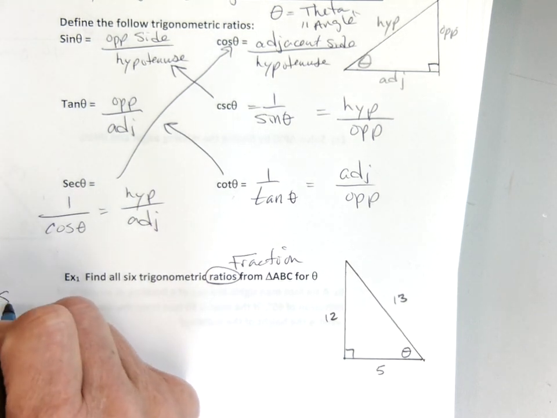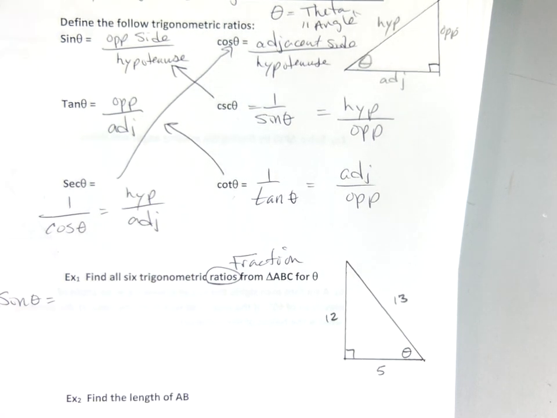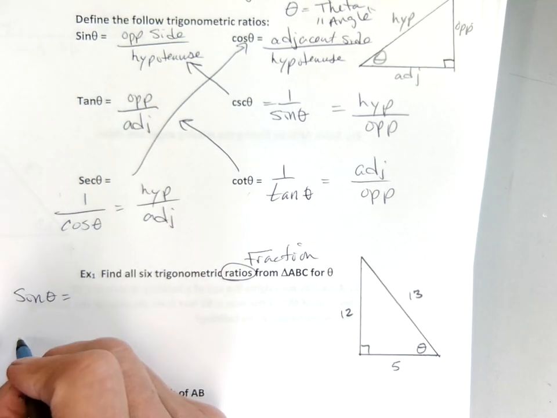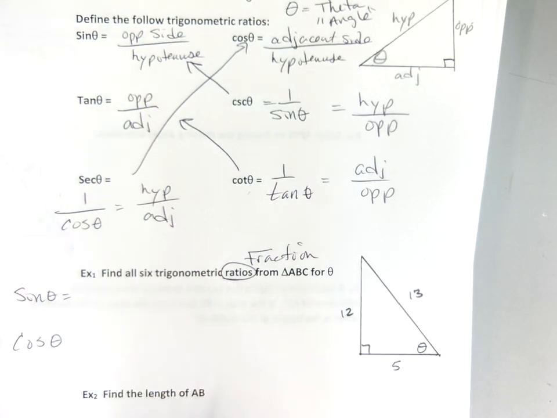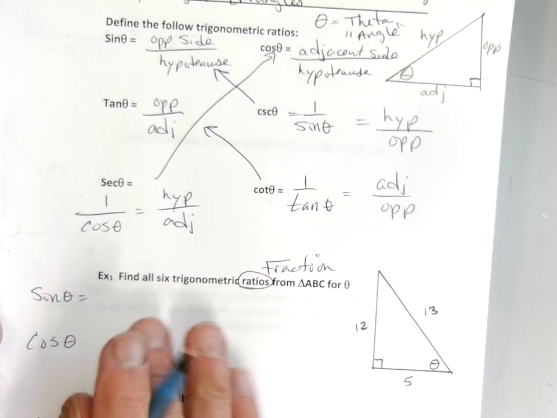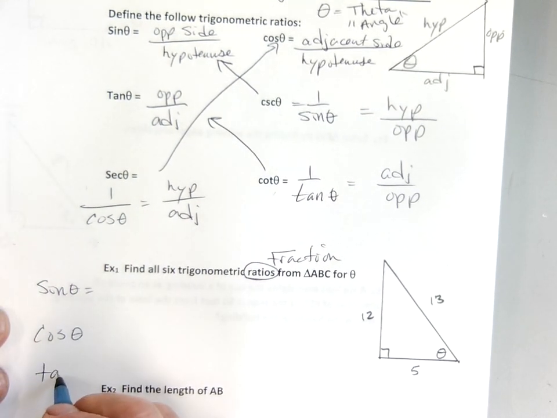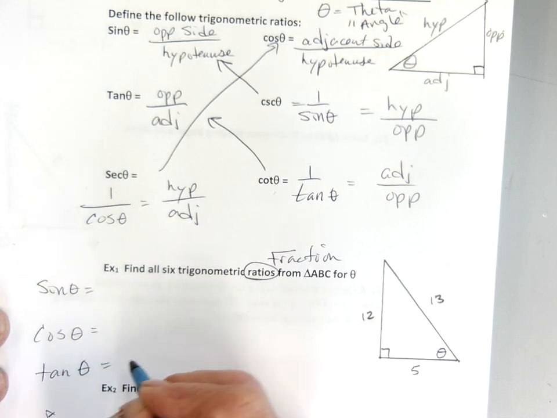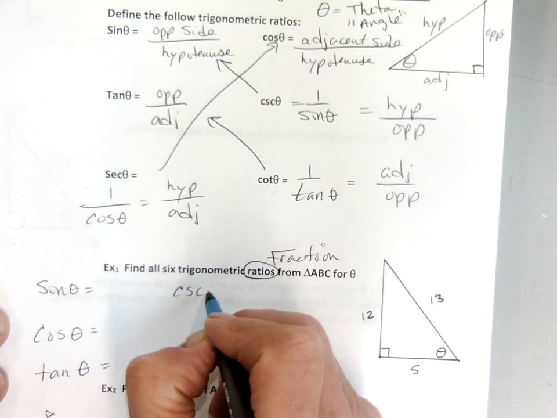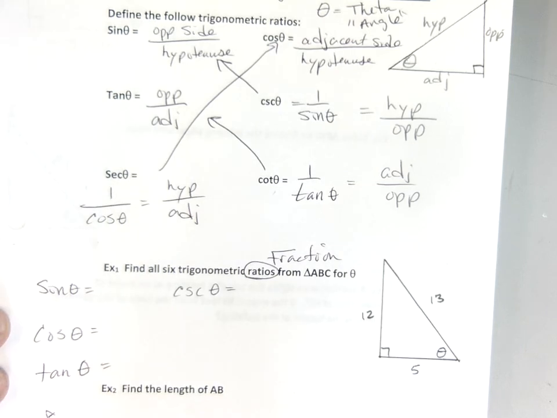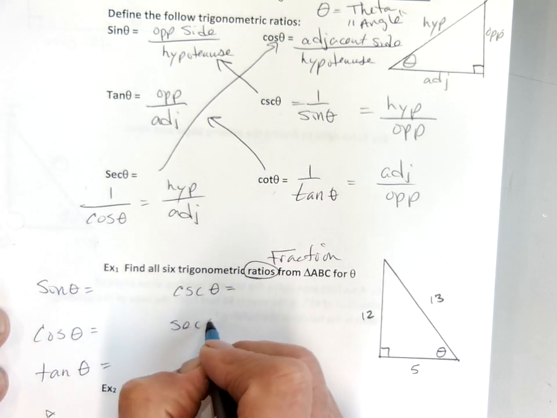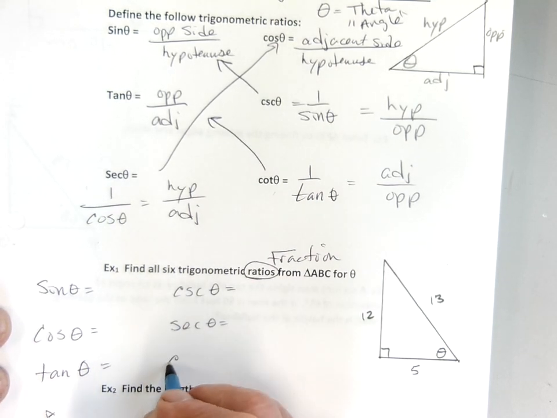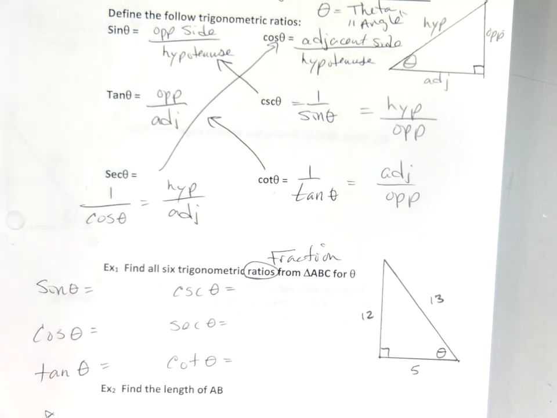So I need the sine of theta. I'm going to need the cosine of theta. I want to find the tangent of theta. And I need the cosecant of theta, the secant of theta, and the cotangent of theta, okay?